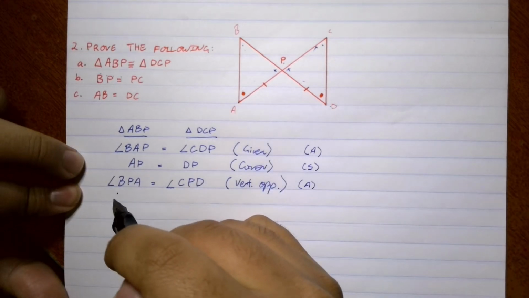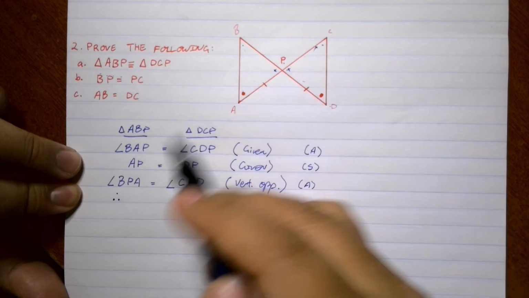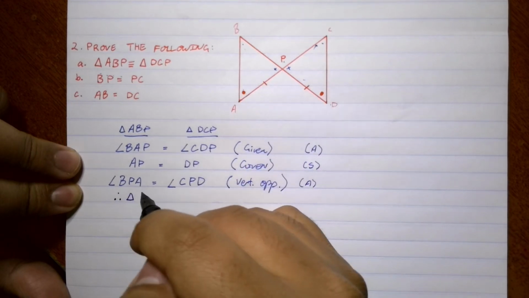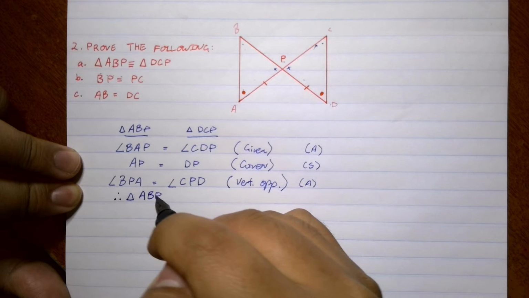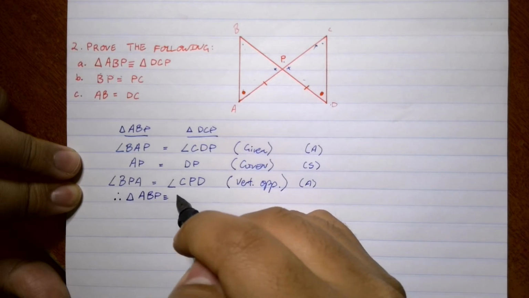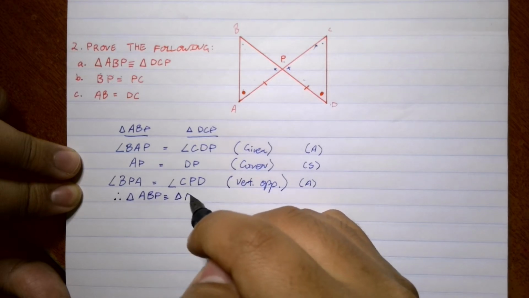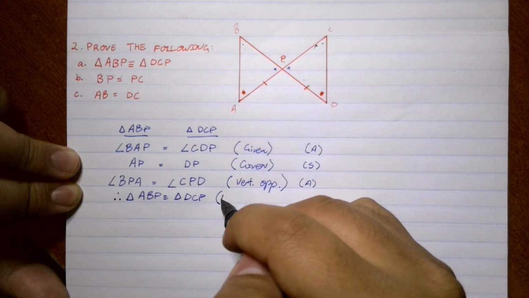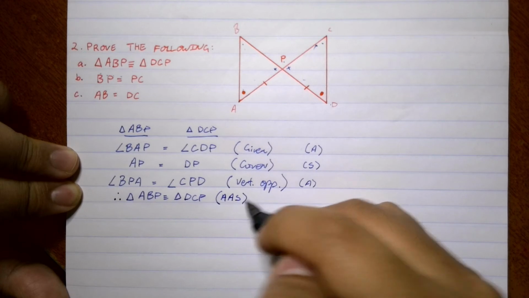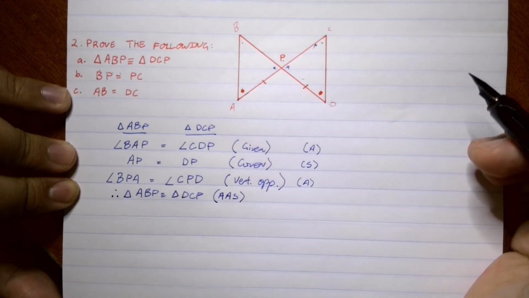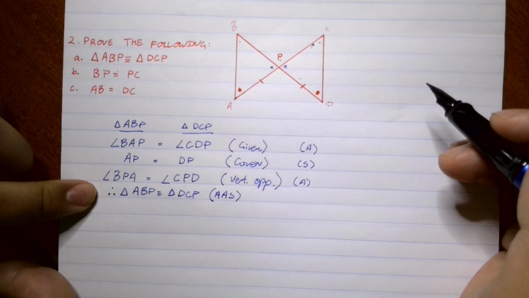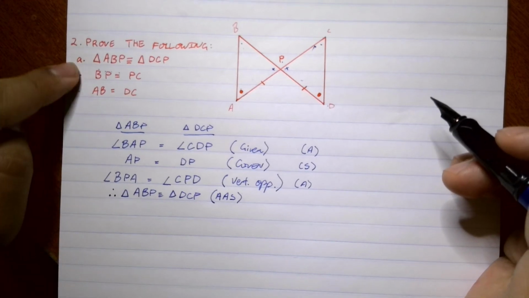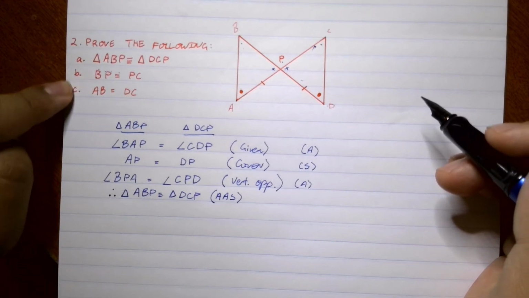So we can prove now that these two triangles, triangle APB, is congruent to triangle DCP. And the reason we had for that was angle, angle, side.